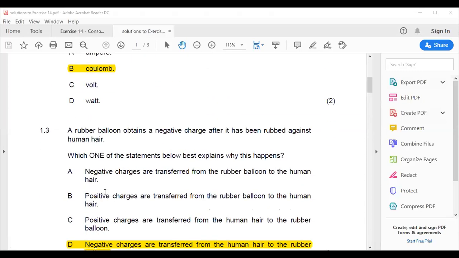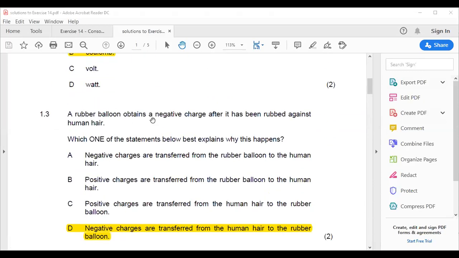Next one, 1.3. A rubber balloon obtains a negative charge after it has been rubbed against human hair. Which one of the statements below best explains why this happens? A, negative charges are transferred from the rubber balloon to the human hair.